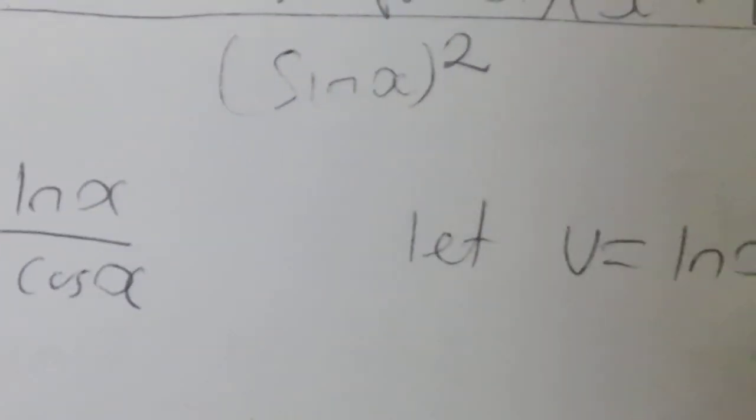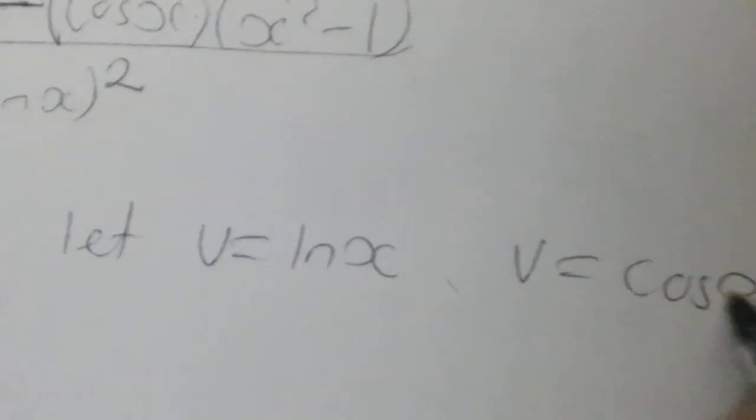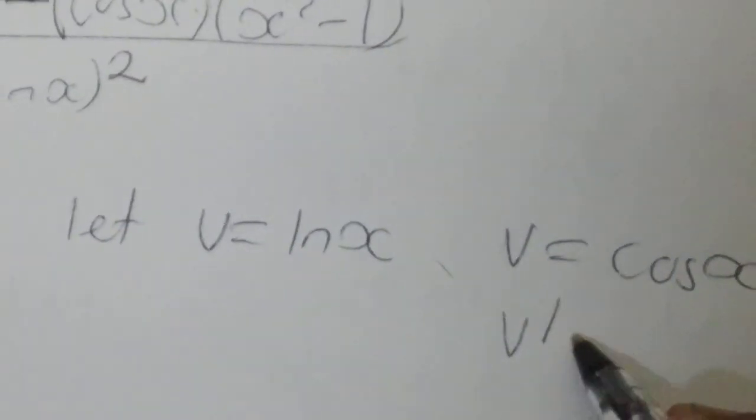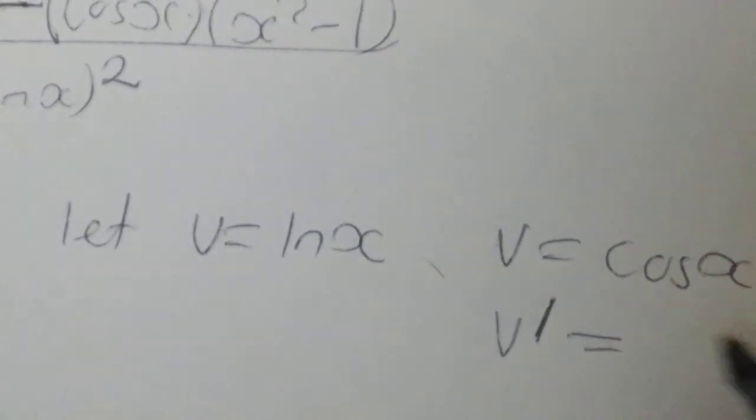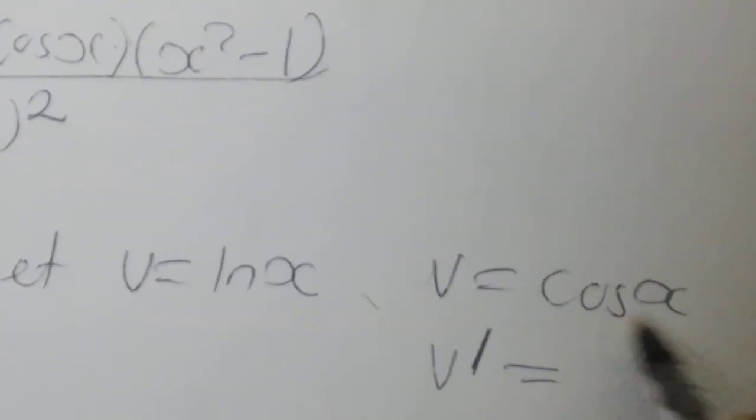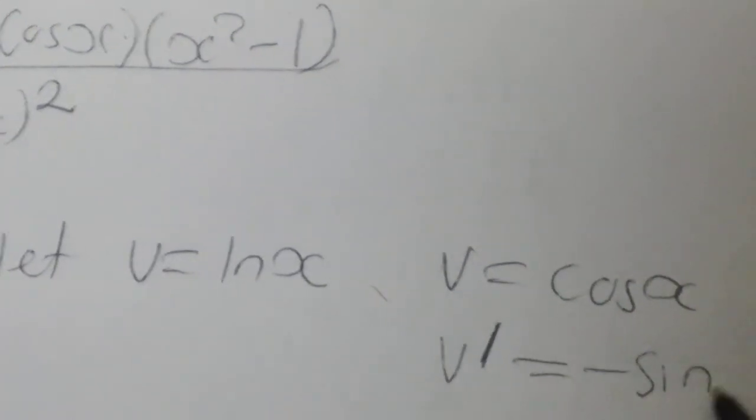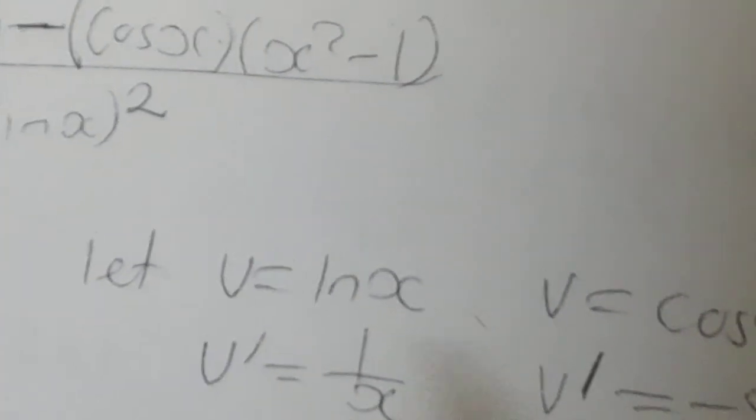So from the formula, we'll just say let u equal to ln x, then v equal to cos x, then v prime is equal to, what's the differentiation of cos x? It's negative sine x. What's the derivative of ln x? It's 1 over x. Then you set the formula, it's dy over dx is equal to.